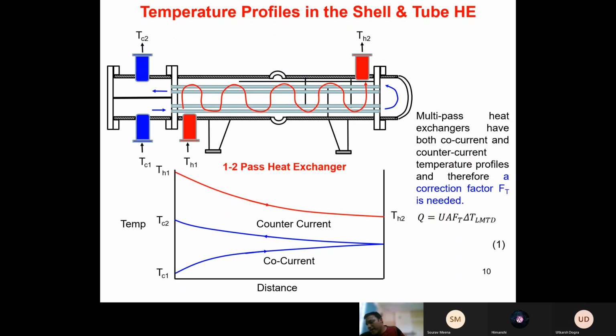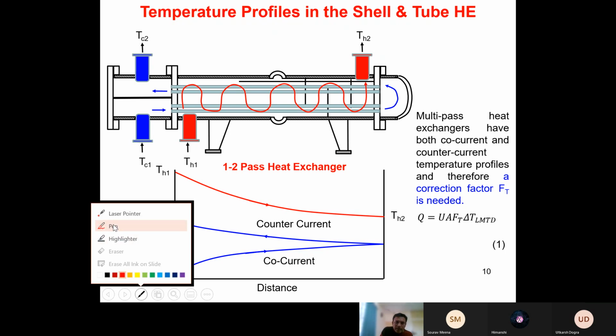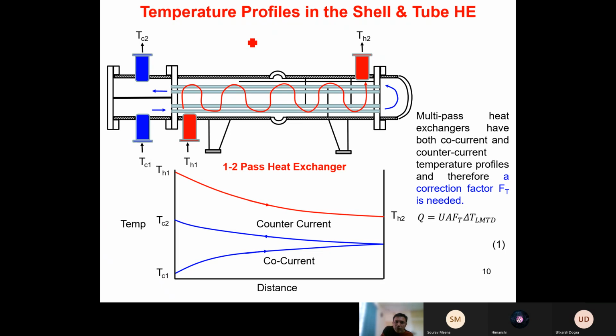Yes, sir. So let me just arrange it. If I look at the direction, even though I am saying the hot fluid is flowing in this direction and the cold fluid is flowing both in this as well as this direction, actually the hot fluid is not following a straight line like this. The cold fluid is following this straight line, but the hot fluid is not following the straight line, isn't it? It is following a tortuous path like this.